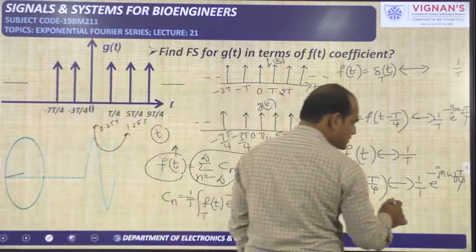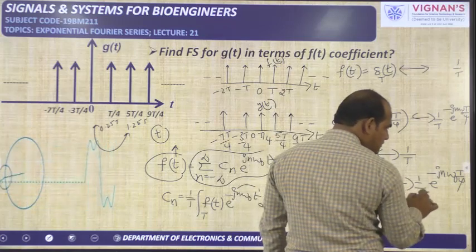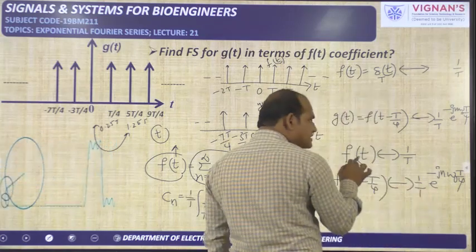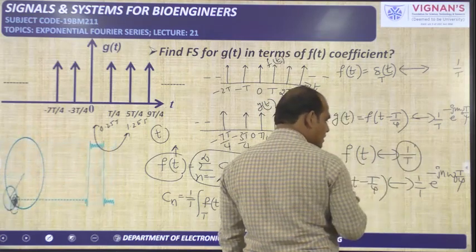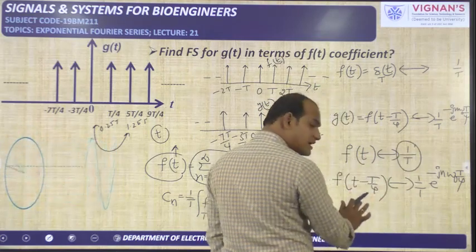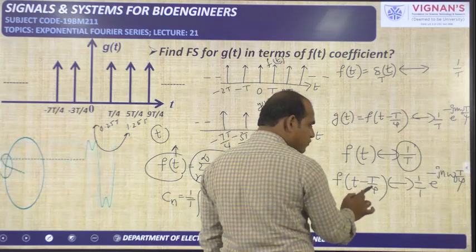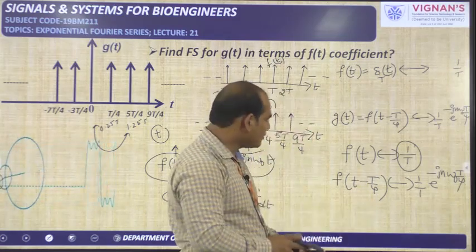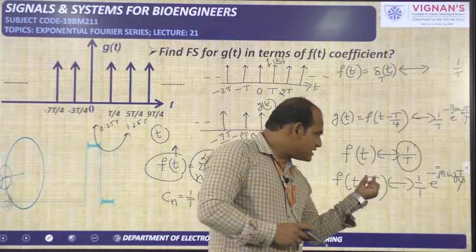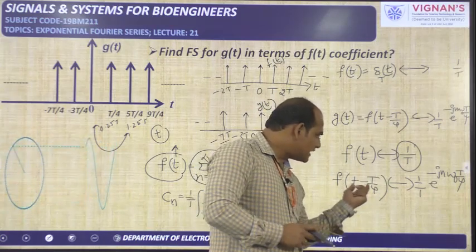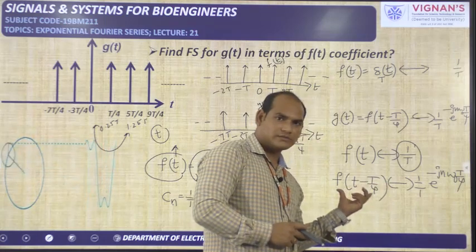Now come to this place. Here if you observe, f of t is having the Fourier series coefficient 1 by T. If this shifting is not available in the second one, if this capital T by 4 is equal to 0, otherwise capital T is equal to 0. If this capital T is equal to 0, f of t minus 0, that is f of t only.